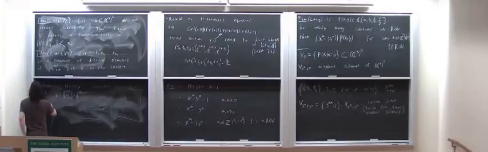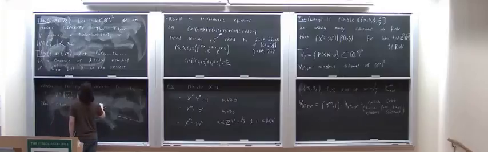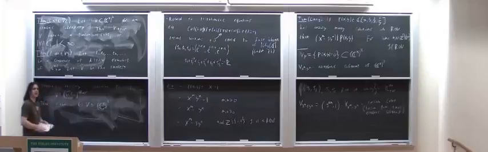Then either V is all of C star squared, right? You can certainly be Zariski dense.